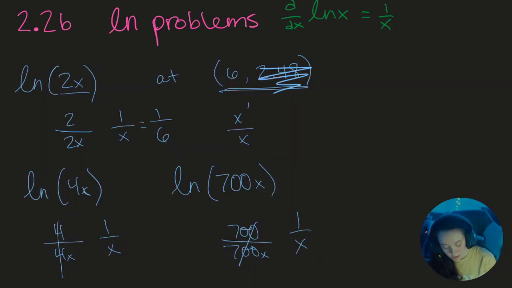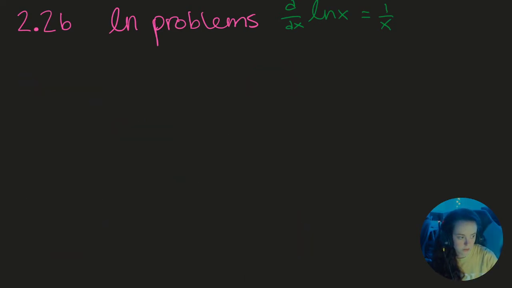Okay, so we're going to move on to some that weren't necessarily part of the homework. Some of them were, some of them weren't. But they'll help you to solve some of the ln problems. So I'm going to write several.